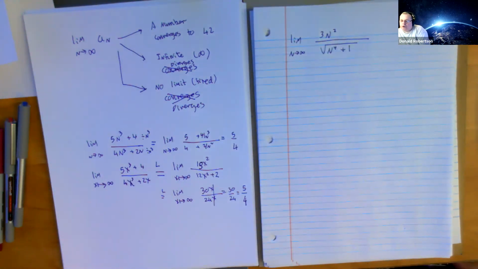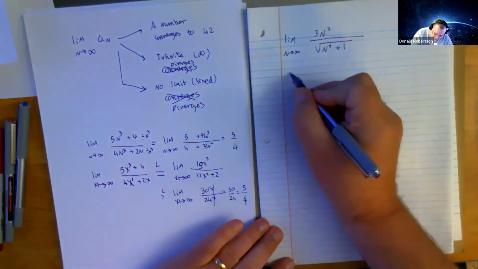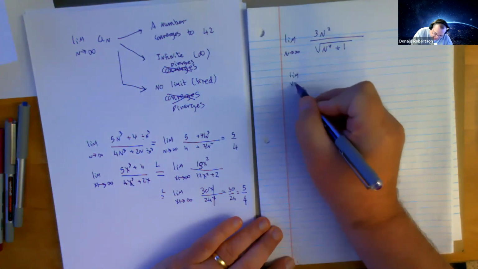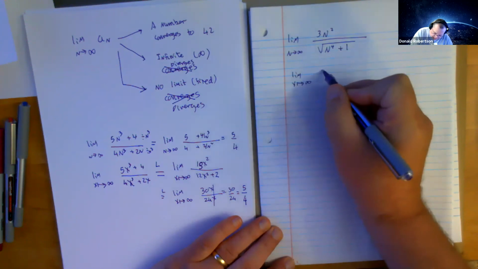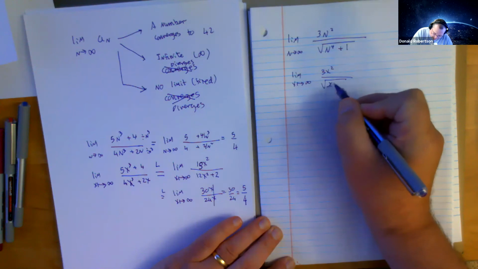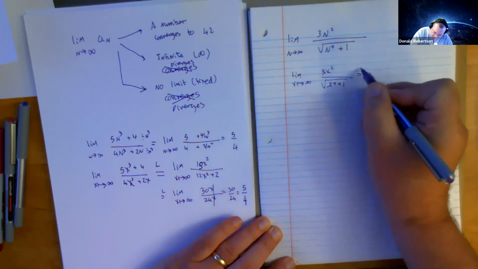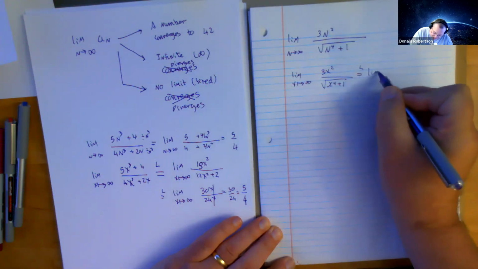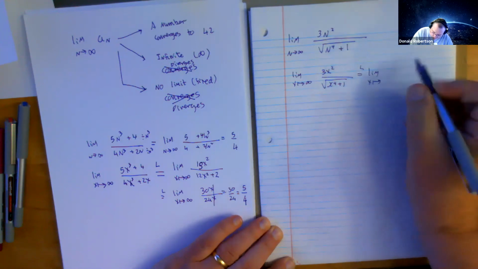Suppose you try to do L'Hopital on that guy. Well, you're going to find the limit as x tends to infinity of 3x squared over x to the 4 plus 1. And you are going to end up being in a whole load of hurt.